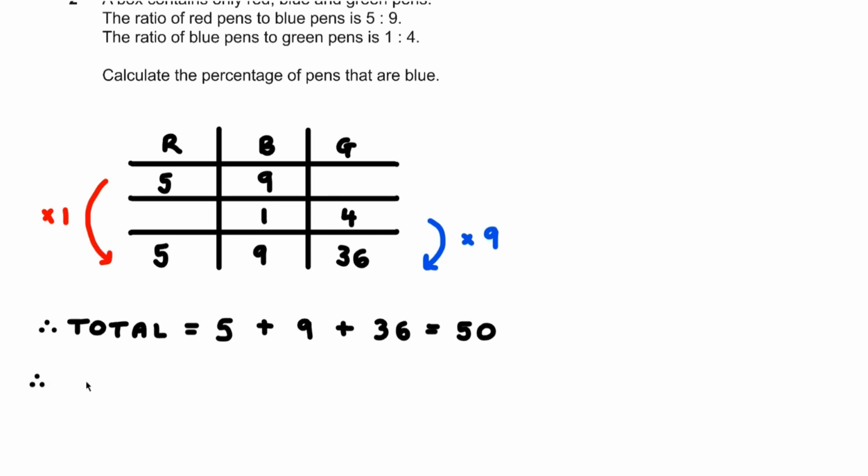And therefore, we have 9 over 50, which is the fraction that are blue. And to convert this to a percentage, we multiply by 100. And it turns out we get 18%.